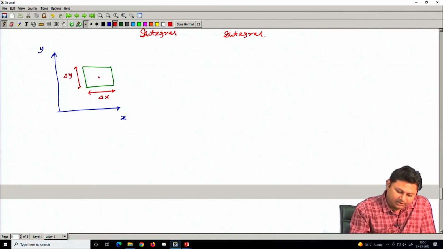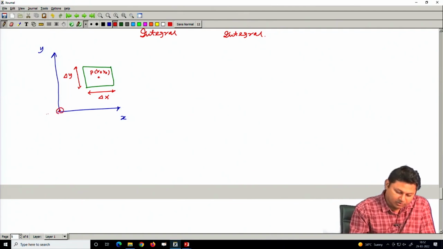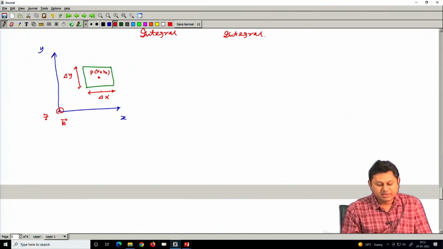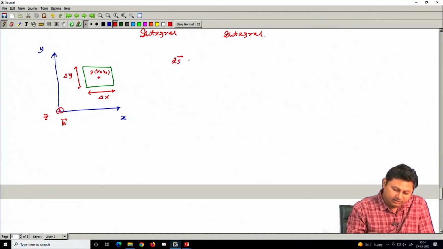I can have a point here, the center P, which has coordinate x0, y0, like before. Okay, and this is the direction of z, along the k direction, that is the direction of this surface, the k. So, I can write it here, ds is the magnitude of ds with a unit vector k.